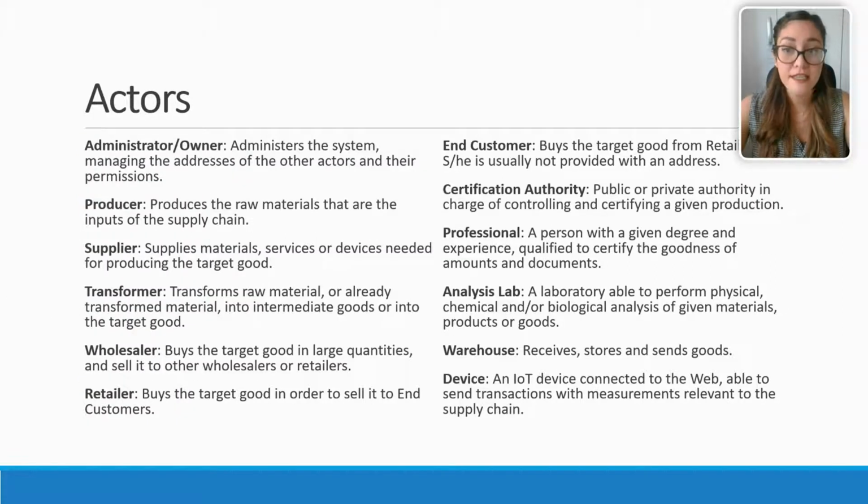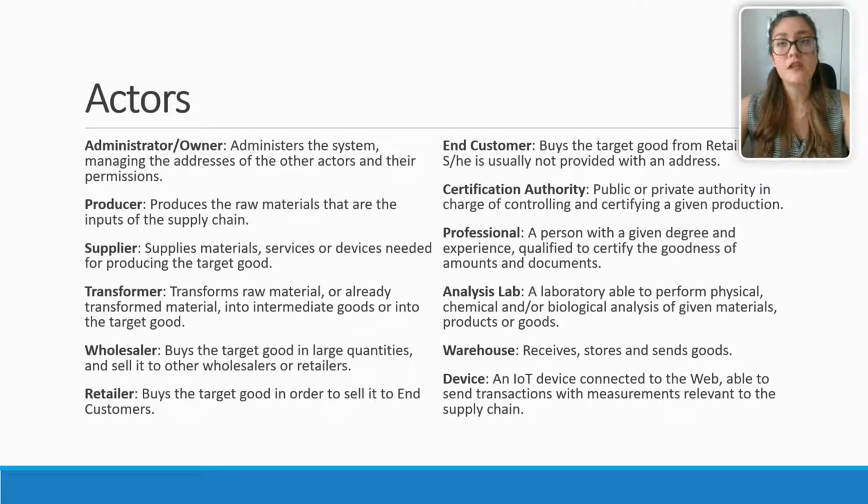So we identified the key actors of an agri-food system. For time constraints, we won't have time to describe them all, but as you can see, the actors involve the administrator of the system, the different kinds of producers and sellers, the end customer, but also certification authorities or analysis laboratories, and of course the devices used to interact with the system.